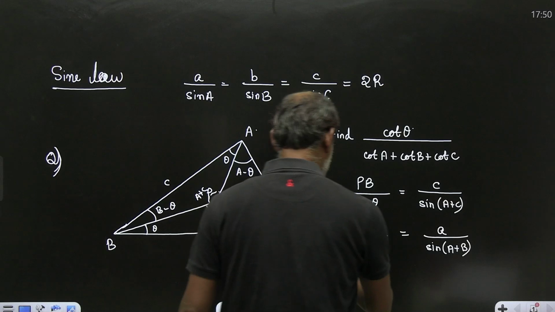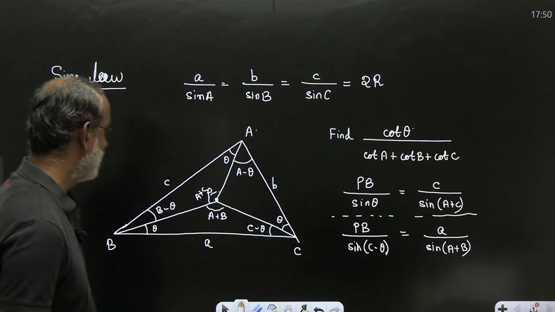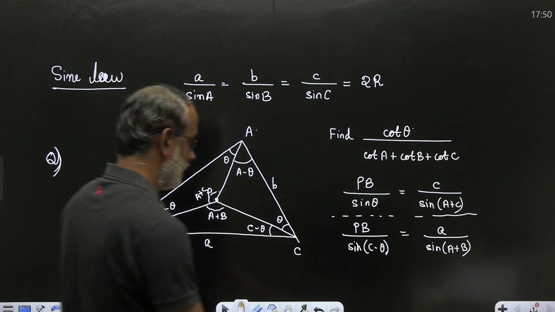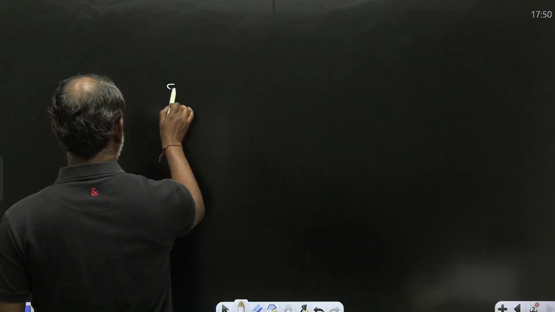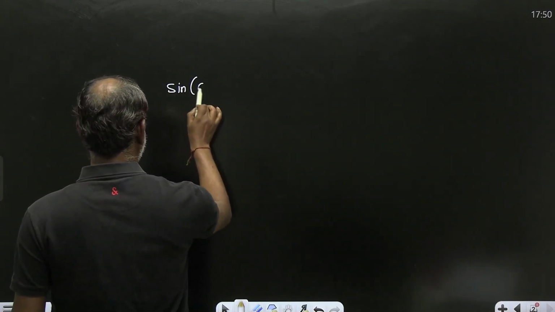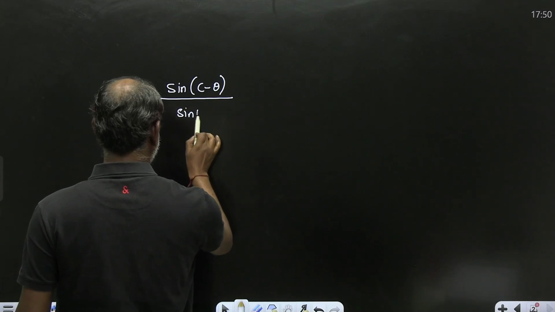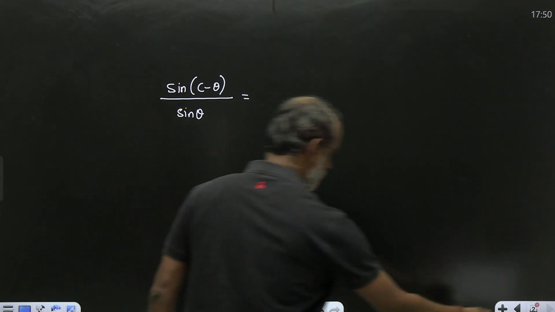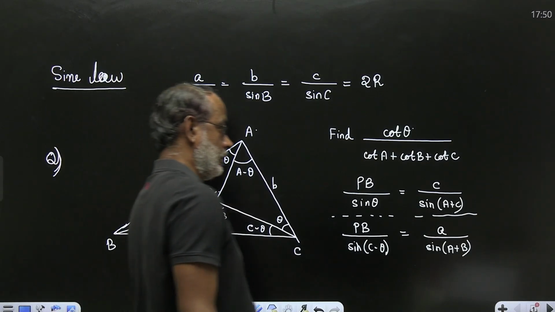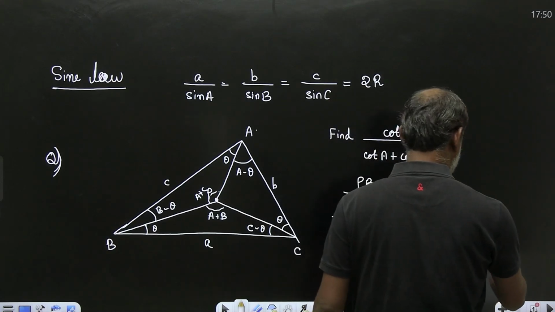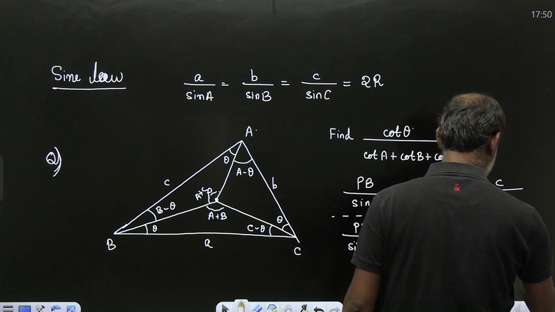So if we divide these two, PB gets cancelled out, and what do we get? Let us write on the next page: sine C minus theta upon sine theta is equal to, you can write sine A plus C is sine pi minus B, isn't it?